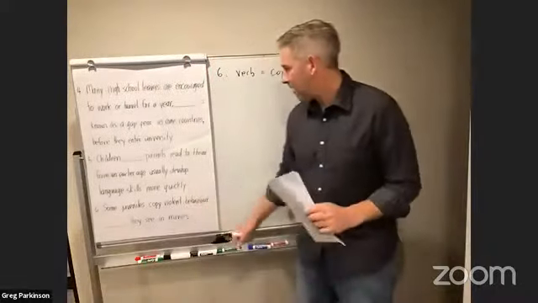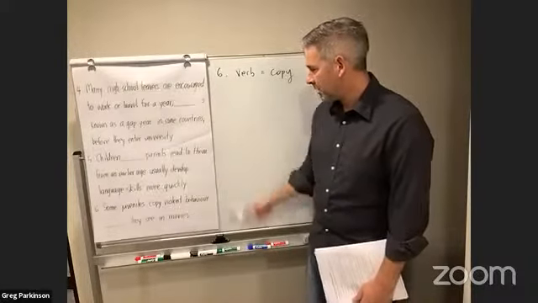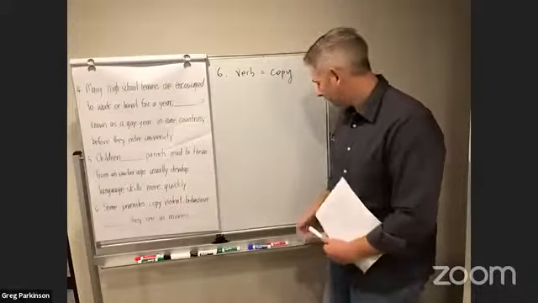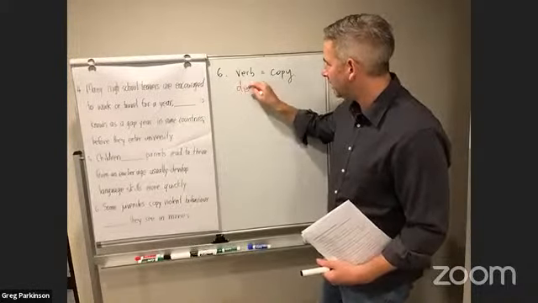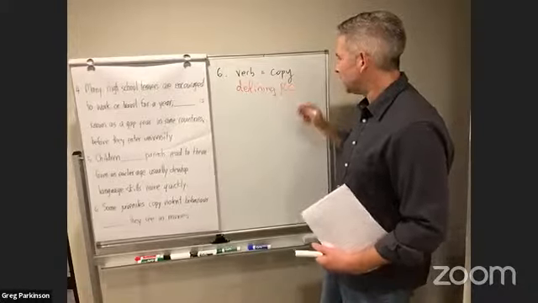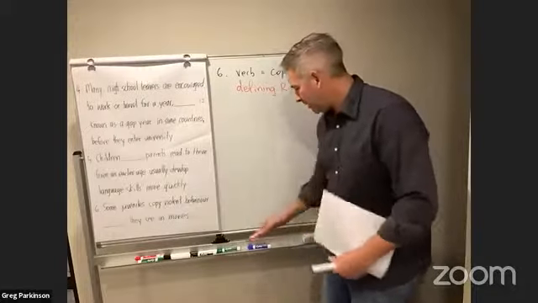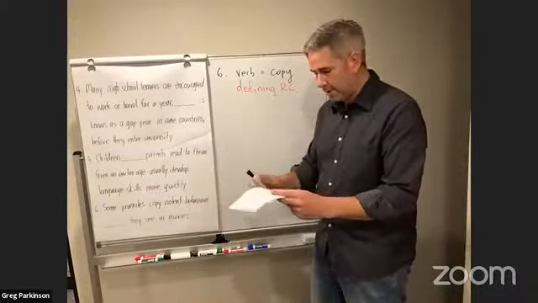Now, again, just to review, commas here, no commas. So number 6, defining relative clause, right? Remember, there's no commas. That means there are two possible answers.